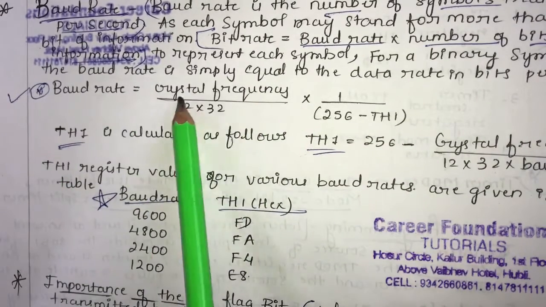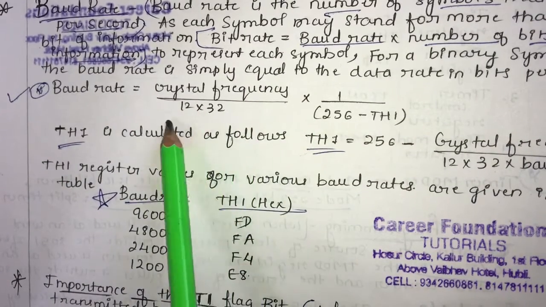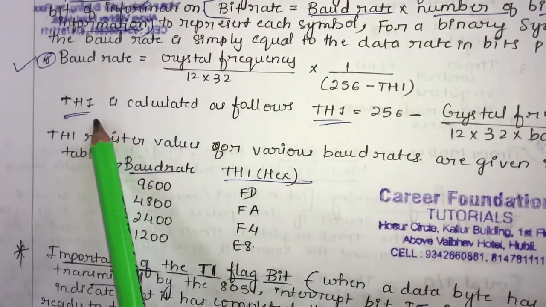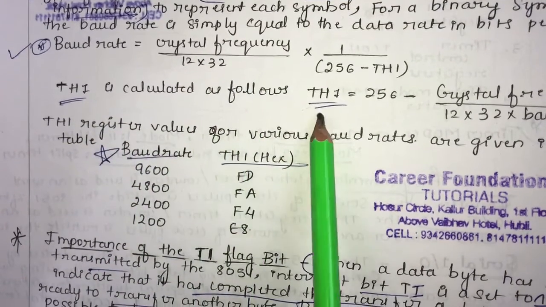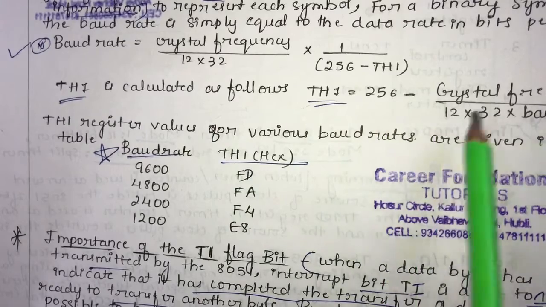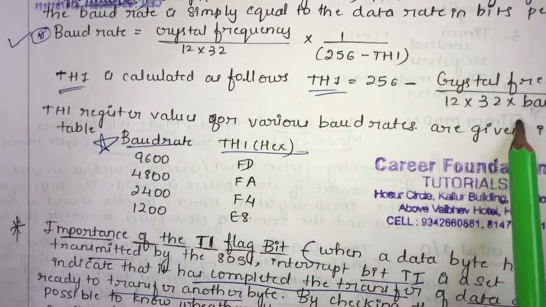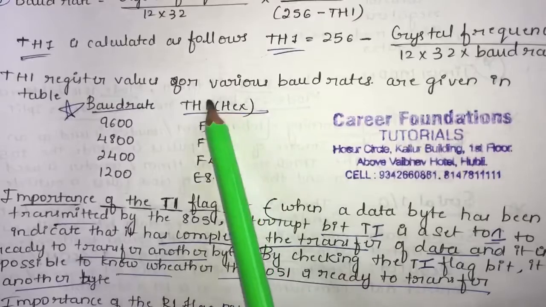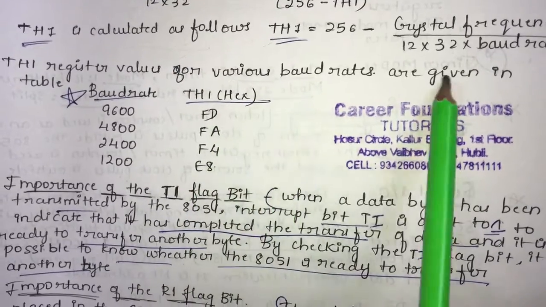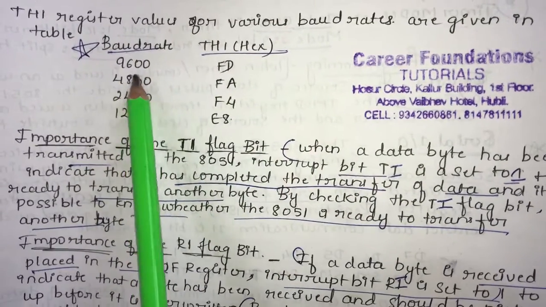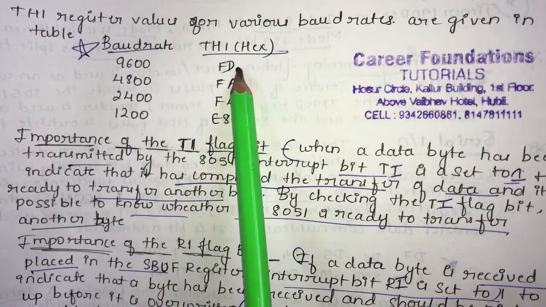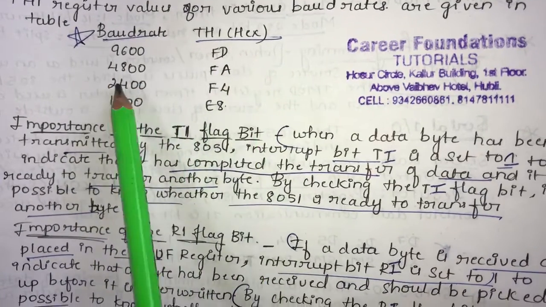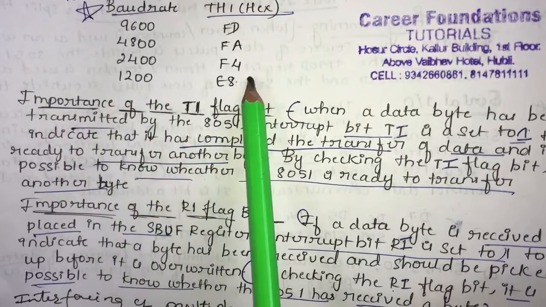Baud rate is calculated from the crystal frequency, and TH1 is calculated as follows: TH1 equal to 256 minus crystal frequency divided by 12 times 32 times baud rate. The TH1 register values for the various baud rates are given below: for 9600 we use FD, 4800 FA, 2400 F4, and 1200 E8.